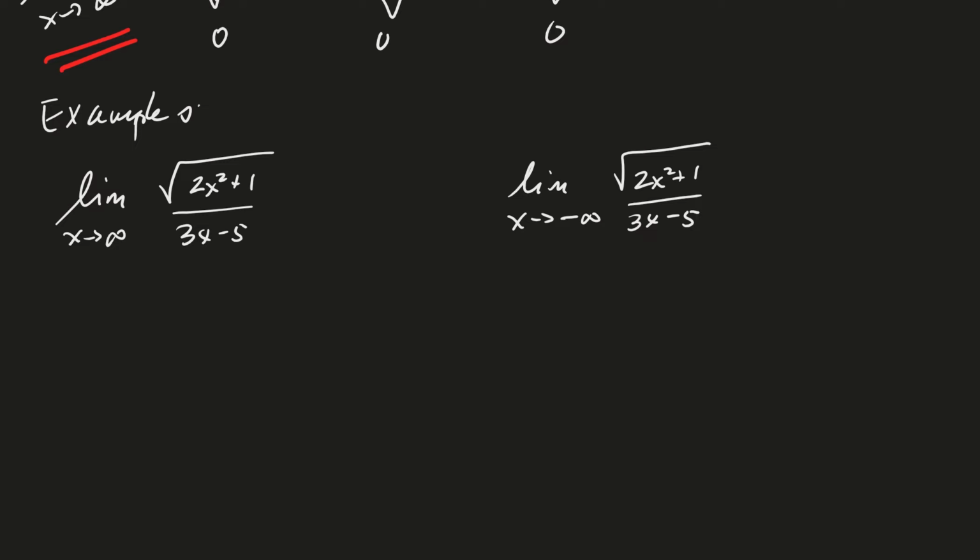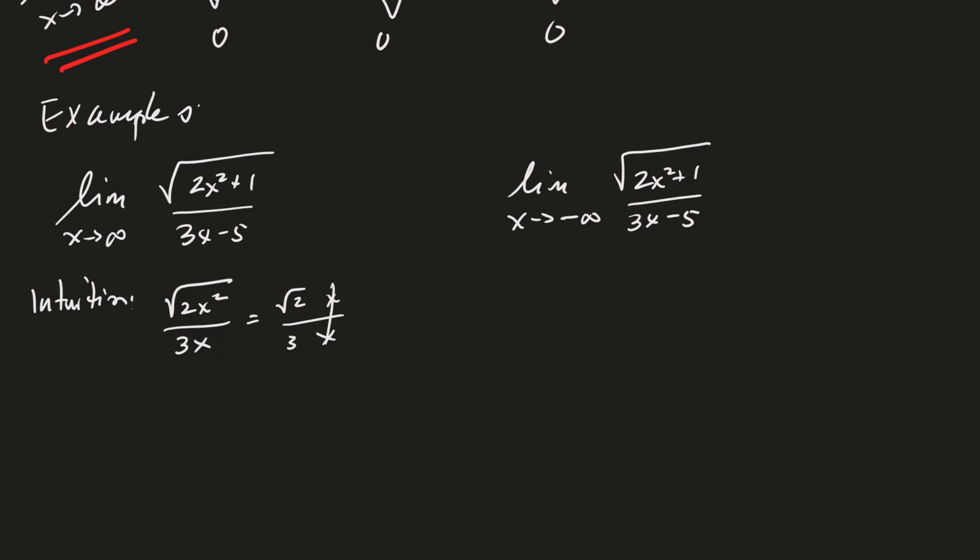Now, when we talked about intuition, we said that as x goes to infinity, this is going to be behaving like the square root of 2x squared divided by 3x. That's the leading term over the leading term, which would be the square root of 2 times x over 3x.